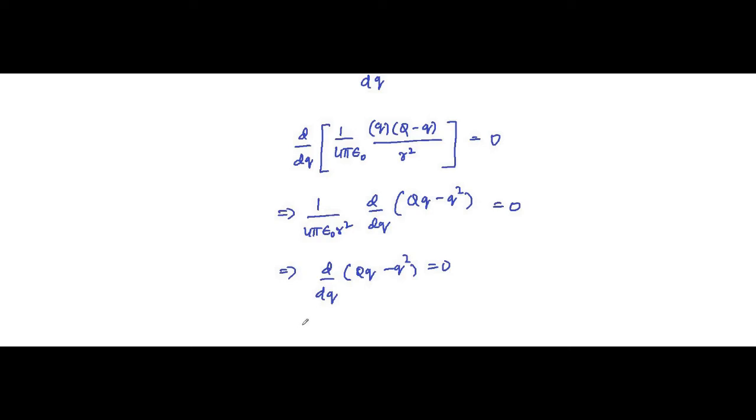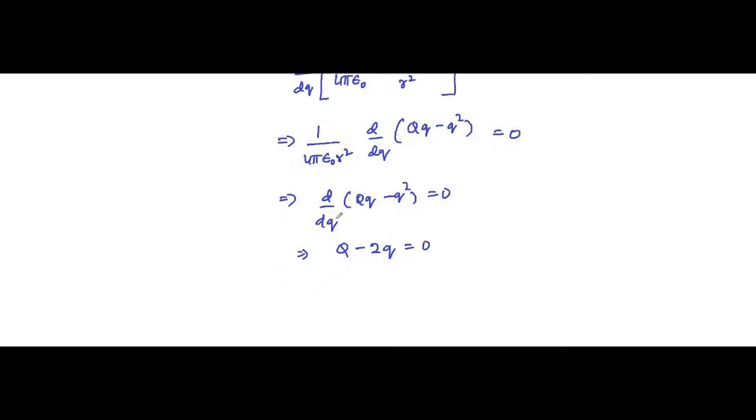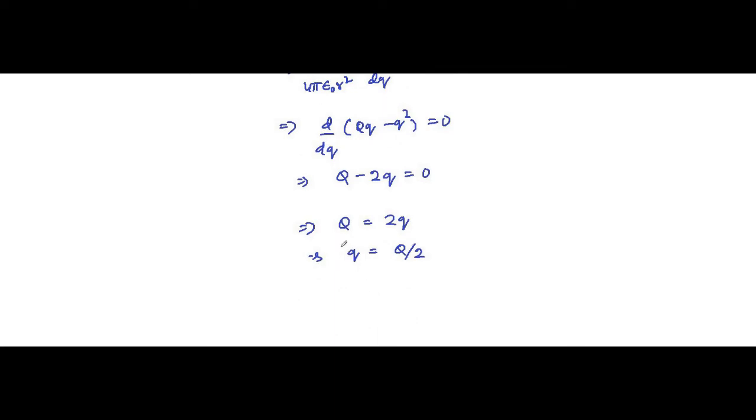That implies Q minus 2q is equal to 0 when we take the derivative, all with respect to small q. That implies Q is equal to 2q, or q is equal to Q by 2.